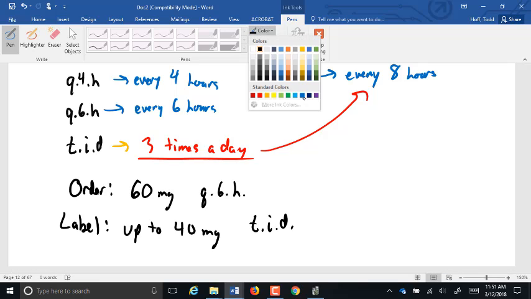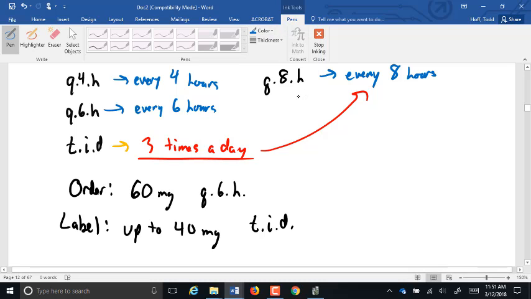So we need to be able to compare those to see if those are equivalent. And it ends up that they are not.